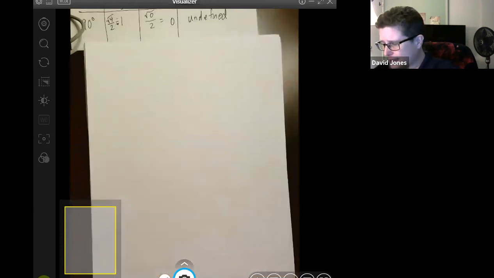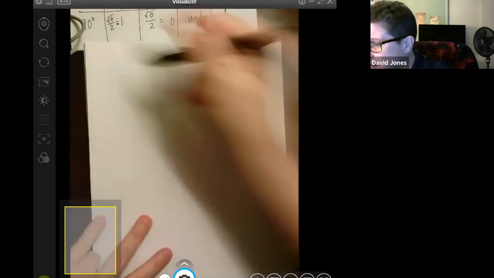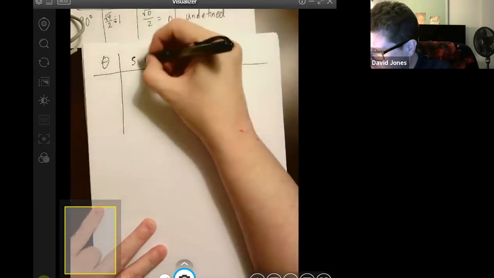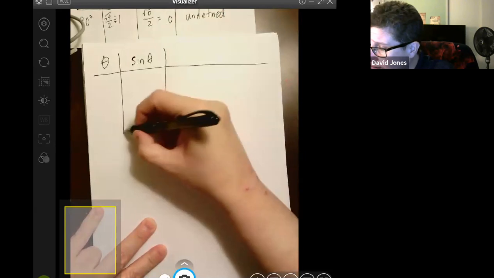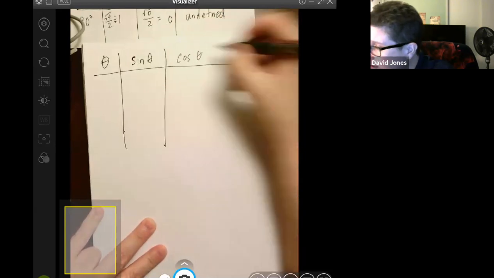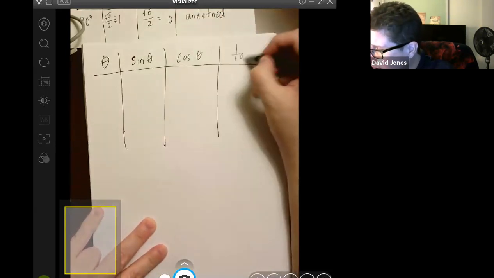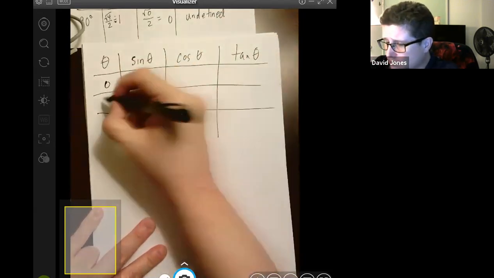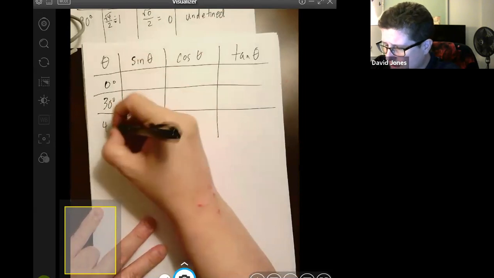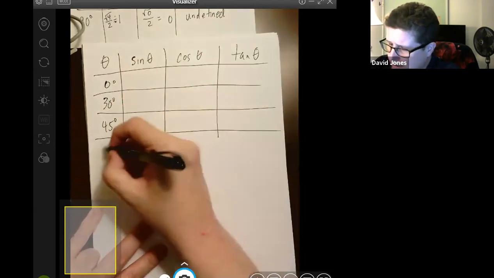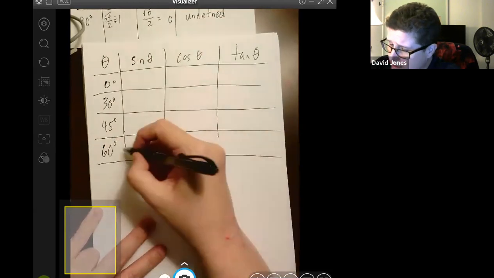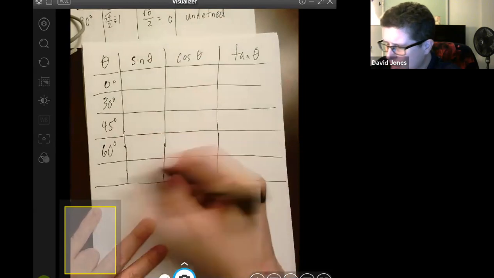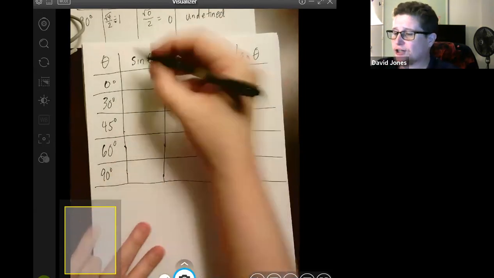So I'm going to rewrite that table. And I think having the roots on these ones over here is good.